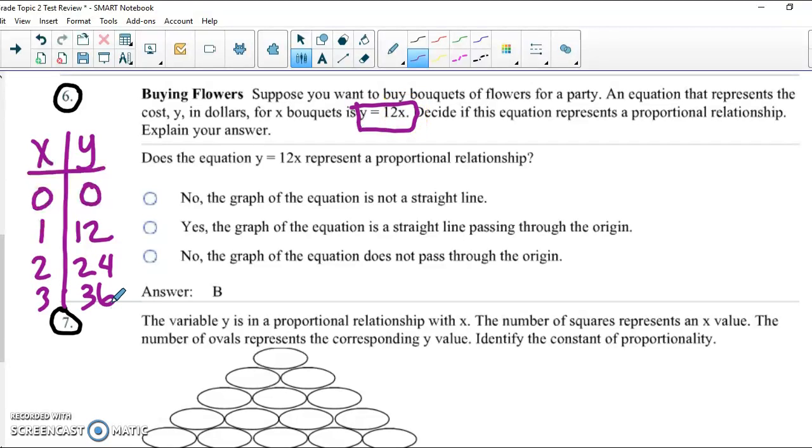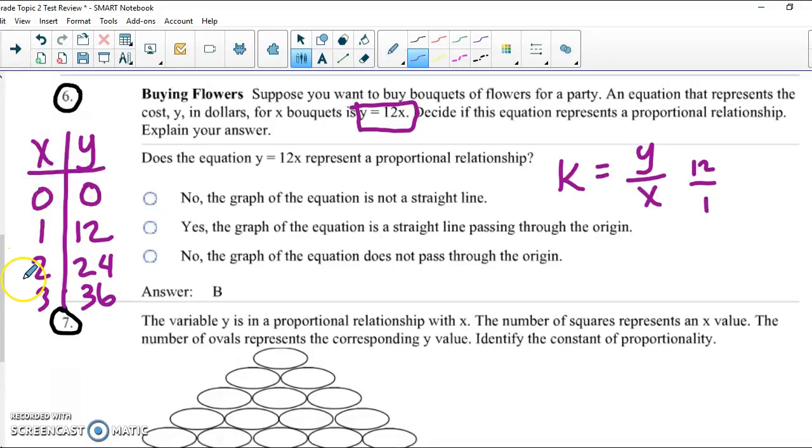Now I can look at my table. I already know it does go through the origin, so let's make sure it's also a straight line. I can tell that if I have a constant ratio, or in other words, my y to x stays the same. Looking at my table, I will look at my first point that doesn't go through the origin, which is (1, 12). Looking at y to x, that would be 12 over 1.